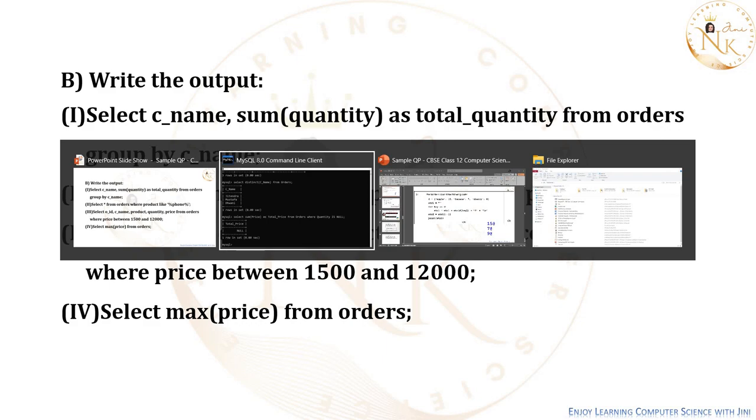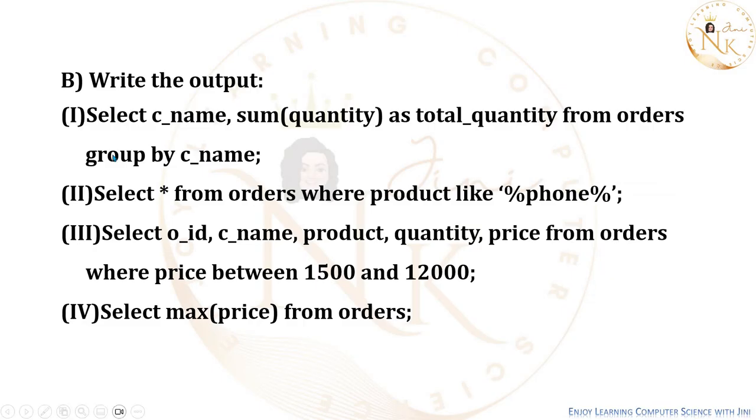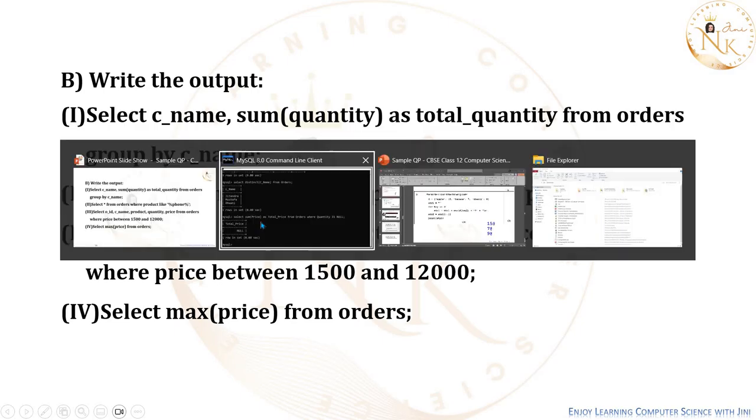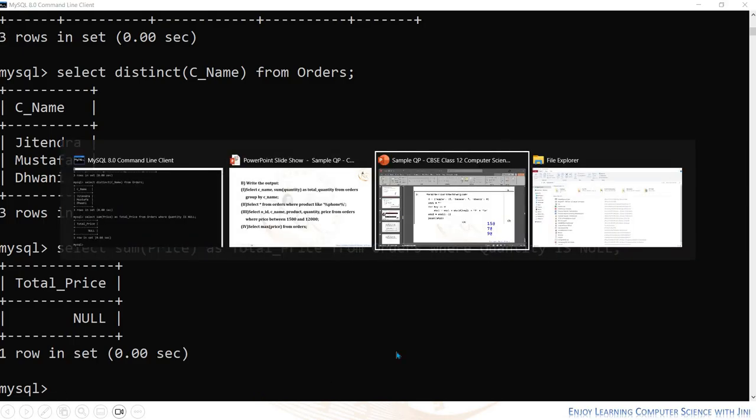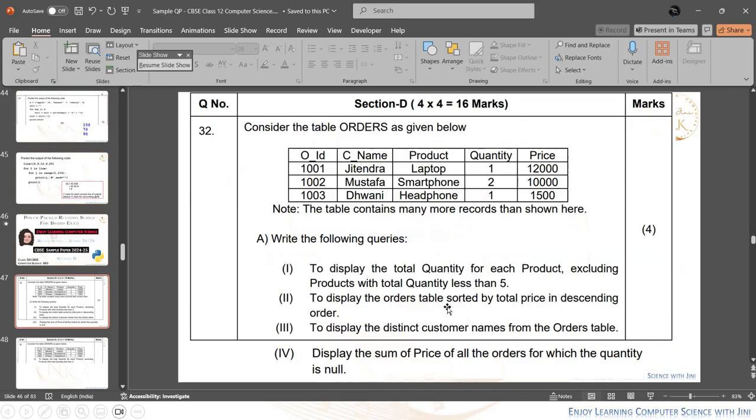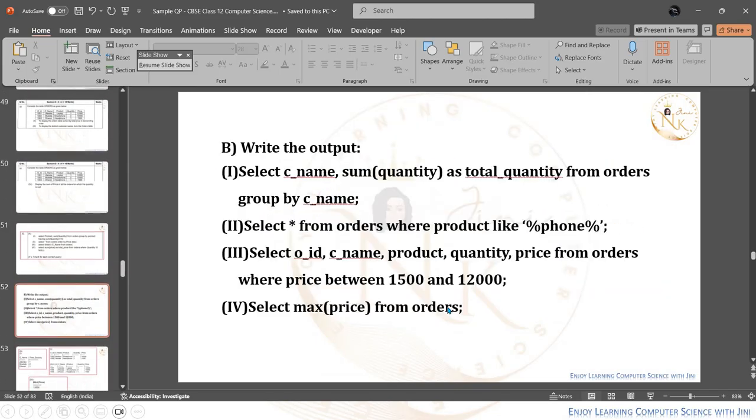So from the table orders only. So let's see. Select C name, sum of quantity as total quantity from orders group by C name. Let's see.